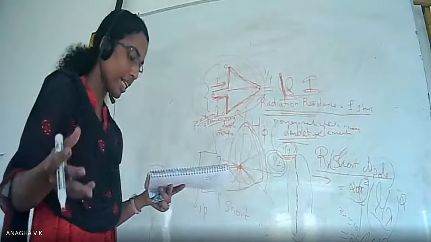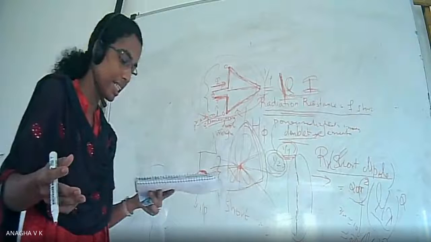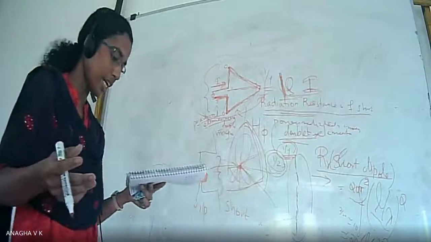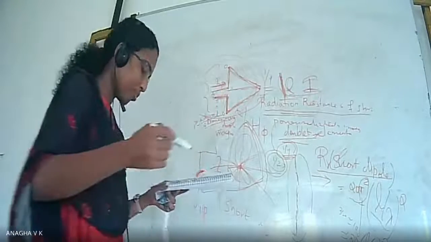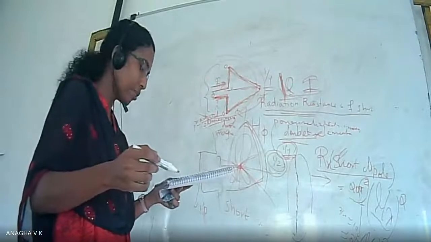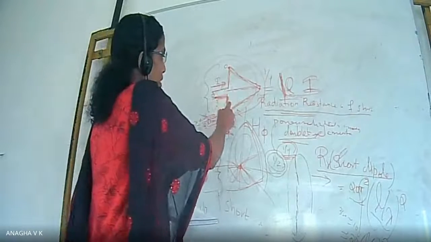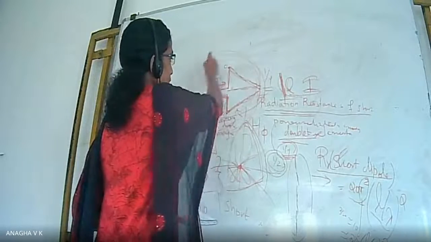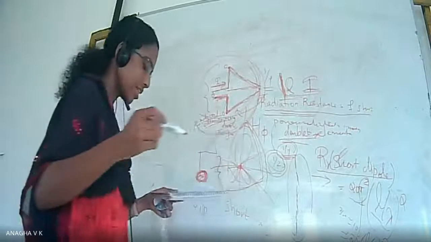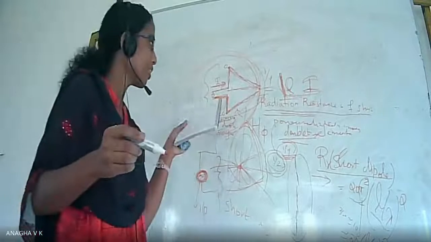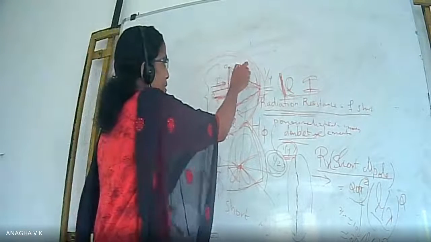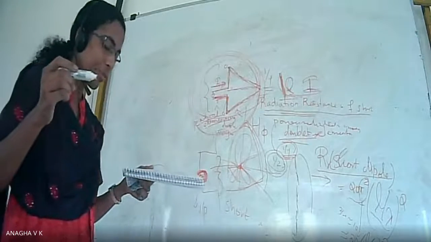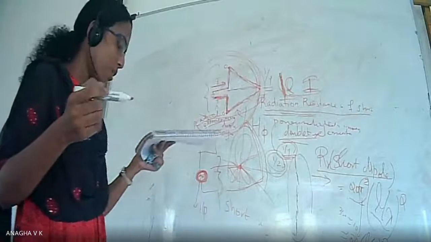So what else can we say about the field strength in the case of the short dipole? The field strength at every point. So this is the dipole, and there will be a field around this dipole. So what about the field strength at each and every point around this dipole?